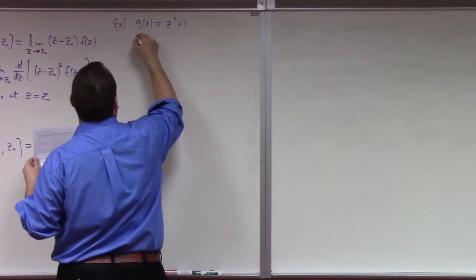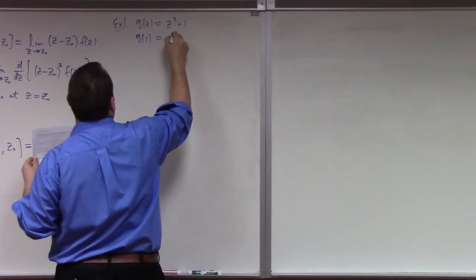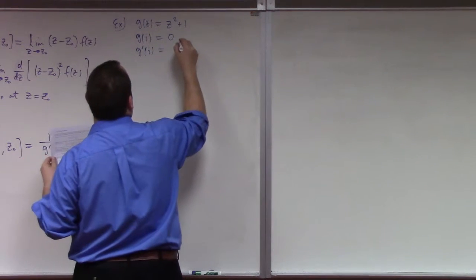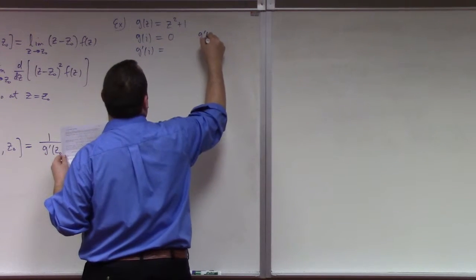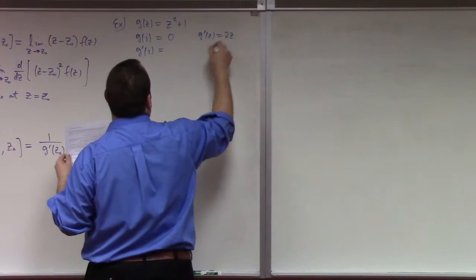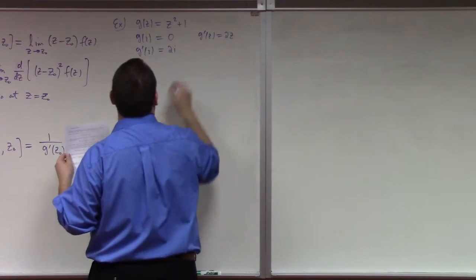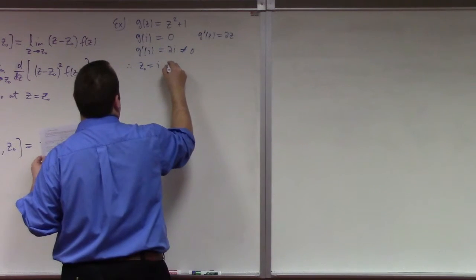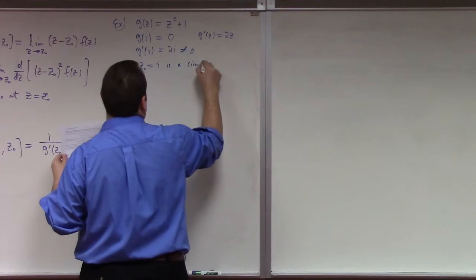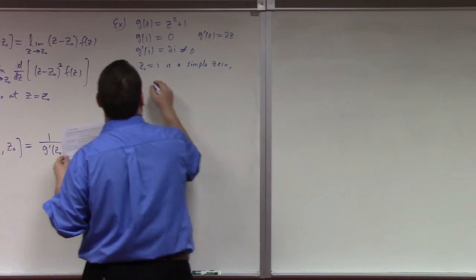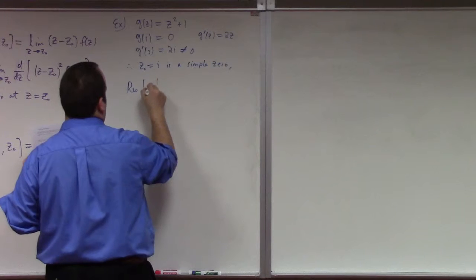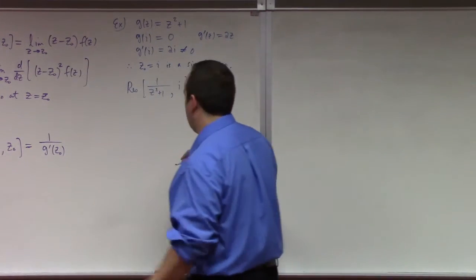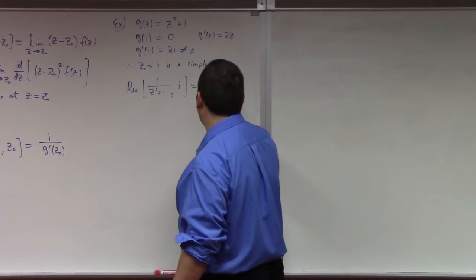Notice that g of i is equal to 0, but g prime of i is equal to what? 2i, which is not equal to 0. So therefore, z naught equals i is a simple 0. And so the residue of 1 over z squared plus 1 at i is simply 1 over 2i.